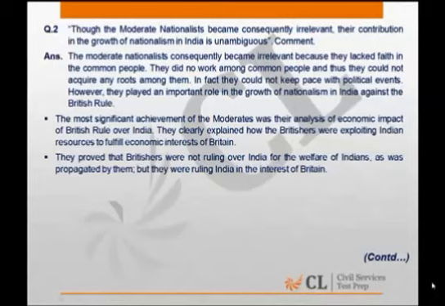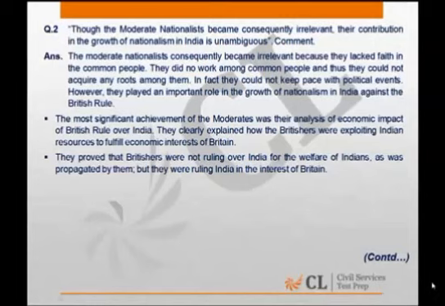First of all, we can draw an outline of this question, which comprises 3 points: the emergence of nationalists, the culmination of the nationalist movement, and then their declination.